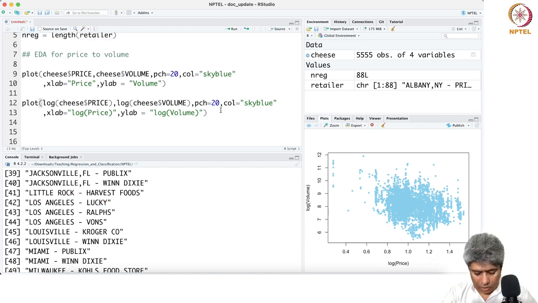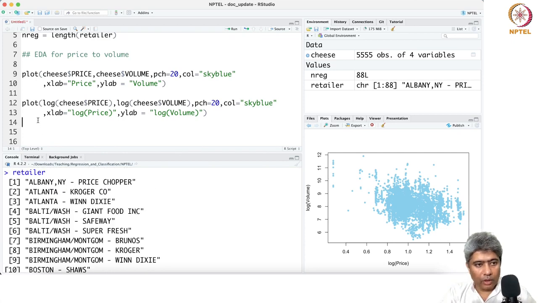So what I'm going to do is first make a subset of the data, cheese, only for Albany.